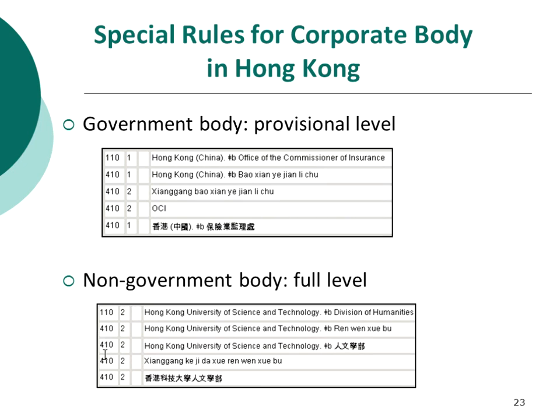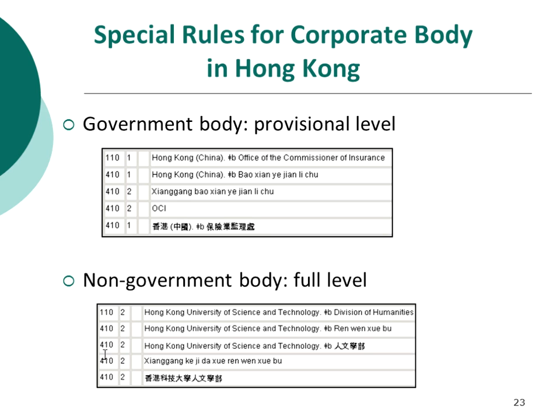Take a look at a couple of examples here. The first example is for a government body in Hong Kong, and as you see, it should be provisional. And from the 110 and 410 here, you also see that both English and Chinese forms are available. But the decision was to use the English form in the heading 110.